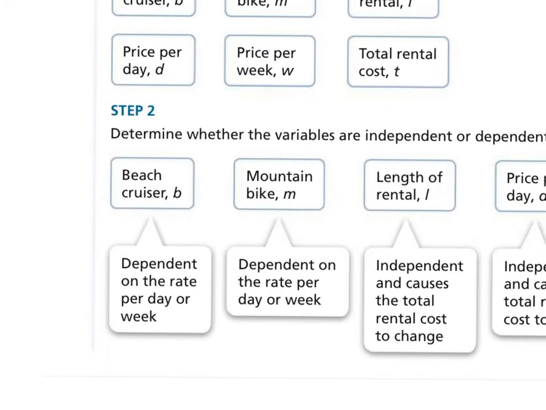So then step 2, determine whether they're independent or dependent. The cost of the beach cruiser is dependent because it depends on the rate per day or week. Our cost depends how much they say it's going to cost per day or week. The cost of the mountain bike, same thing.